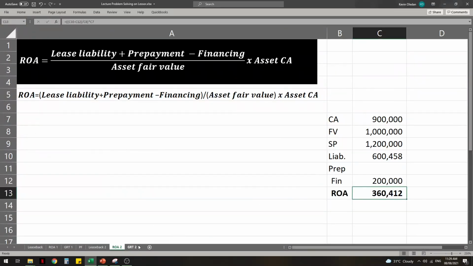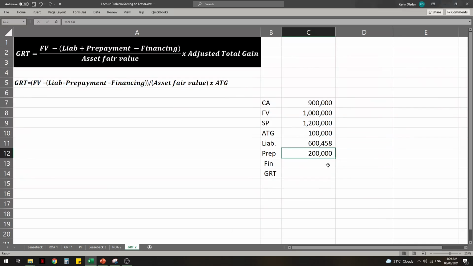Now, ano yung magiging effect niya sa gain natin? So let's compare formulas first. This is the formula for gain on rights transferred when there is financing. This is actually financing. Sorry if I put it in the wrong area. When financing is present, our numerator is fair value minus liability.